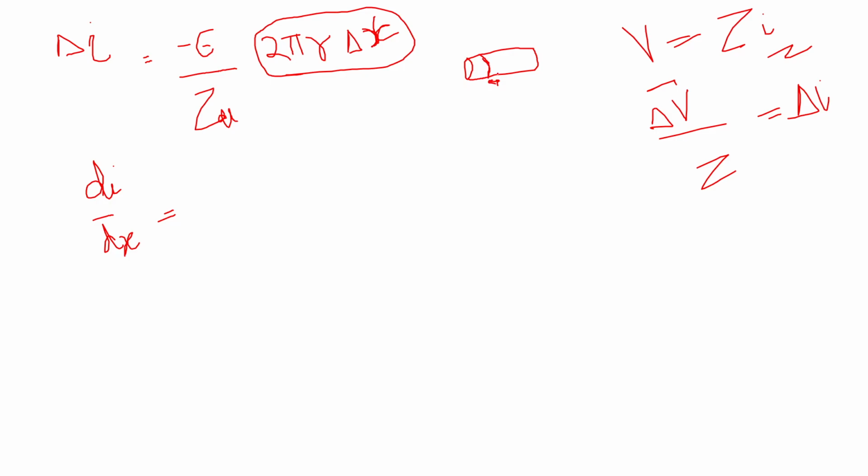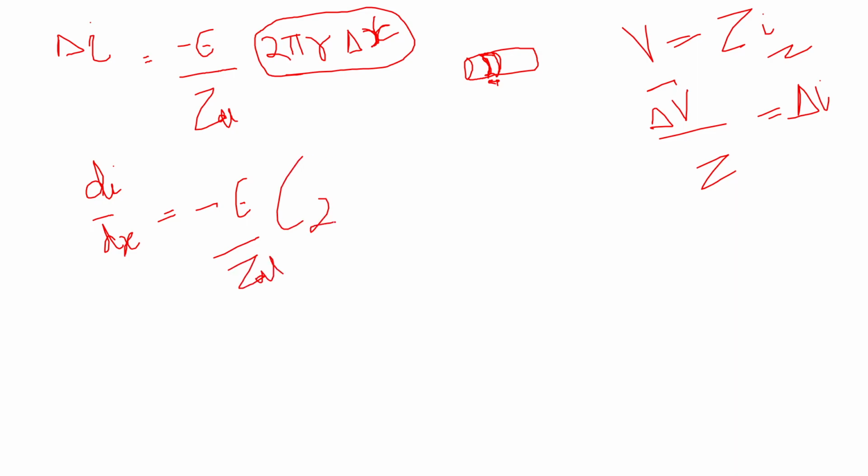You're taking into account that it becomes the area inside that pore, the side walls. So basically you take the circumference and you multiply it by a small thickness. Yes, delta x. Okay. So again I take the delta x to the other side and I get minus E by ZDL into 2 pi r.